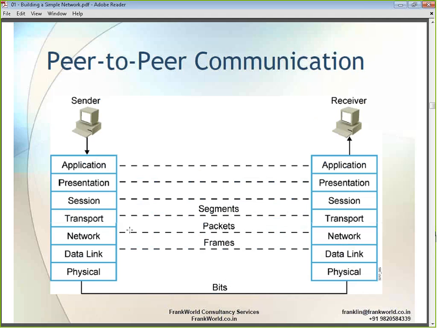The information that is created at the network layer or layer 3 is called packets, and the information that is created at layer 4 or the transport layer is called segments, and the information that is there at the other 3 layers, that is application, presentation, and session, they are called PDUs. Okay, so let me just write it down out here. Okay, so they can be called data. Okay, just regular data.